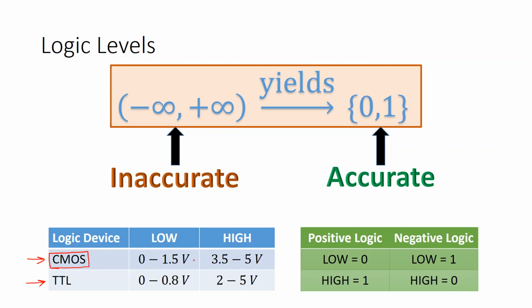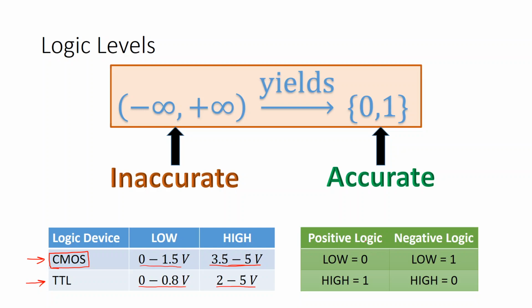Because it is in experience that when the CMOS transistor is off, the output varies in this range, and when it is high, the output varies within this range. And in BJT, the output varies within this range when it is off, and within this range when it is on. That's why these particular ranges are chosen for the assignment of low and high.